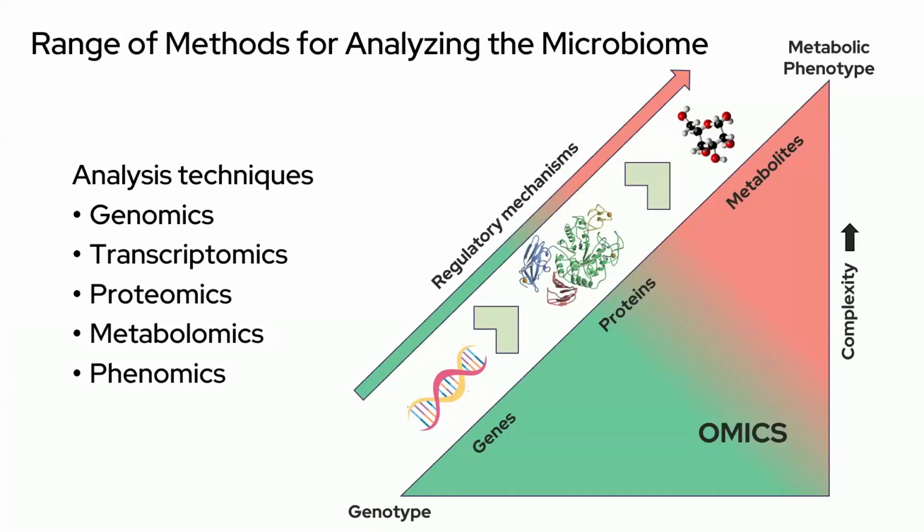As we travel up in the chain of the various omics, there are more regulatory mechanisms, meaning that a change in the genes may not correlate with the output, which is the phenotype. Fortunately, at the end of this chain is phenomics and metabolic phenotyping, which serve as the output of all of the regulatory cellular mechanisms and is what Biolog assays measure.